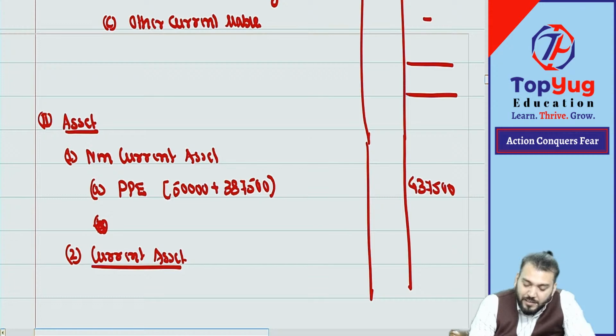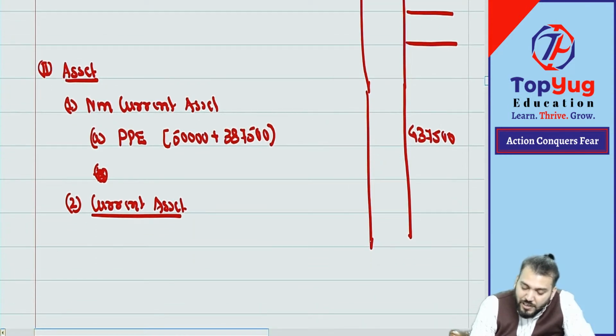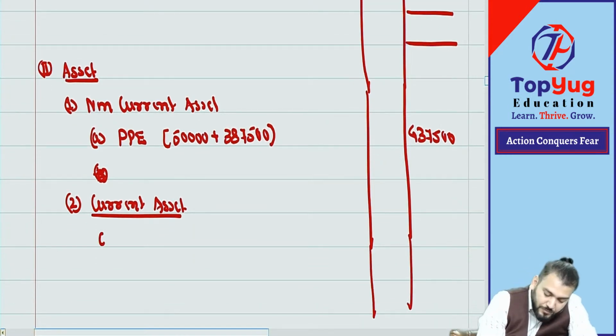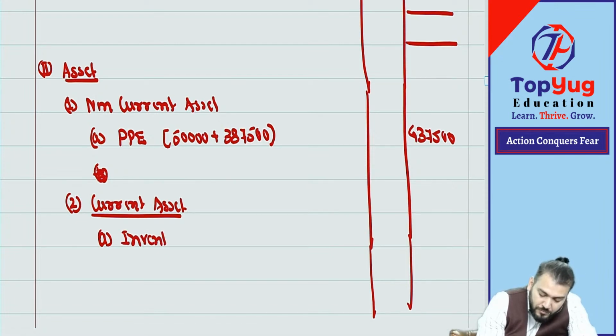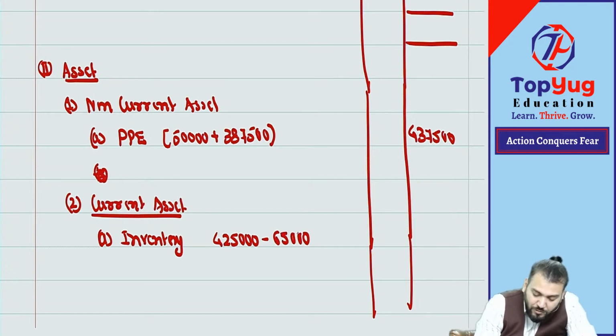Current asset means inventories. Have you done any journal entry for inventories? Inventories, what you have done? So a reduction of 65,000. It becomes 4,25,000 minus 65,000 is equal to 3,60,000. Then we have trade receivable.